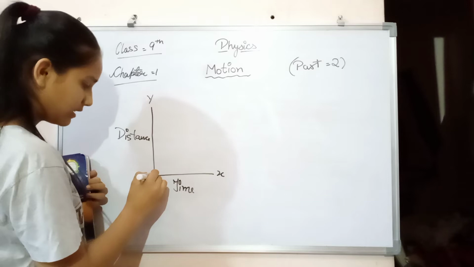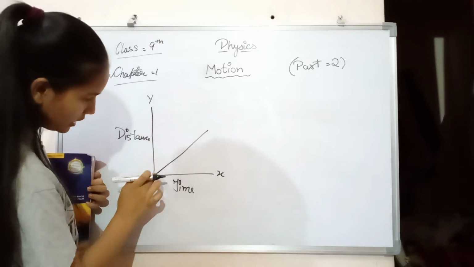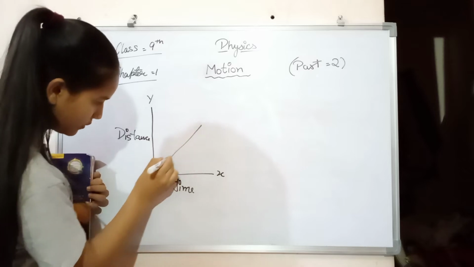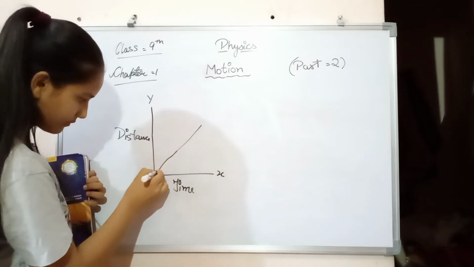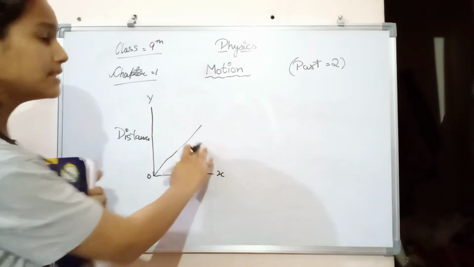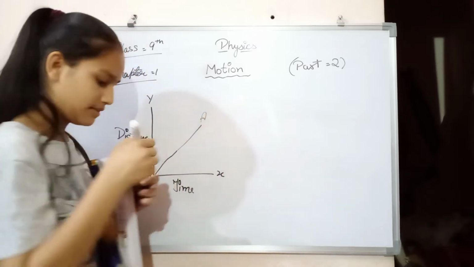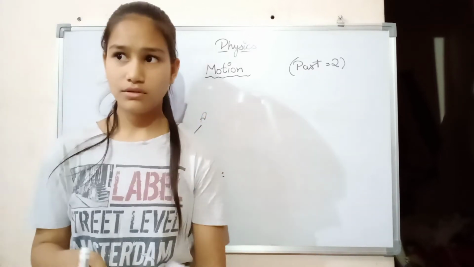Now, when the straight line goes equally between the x-axis and y-axis, then we say that the motion is uniform. This straight line denotes the uniform motion.